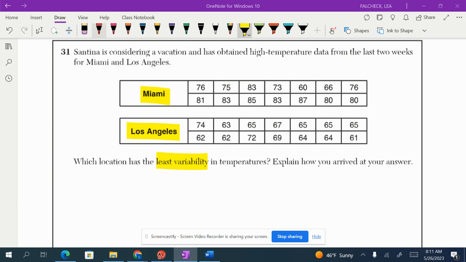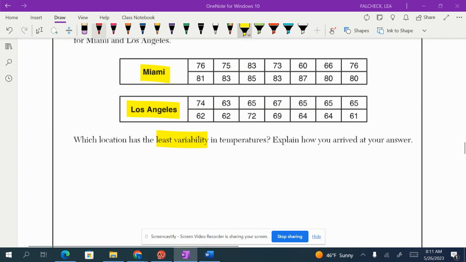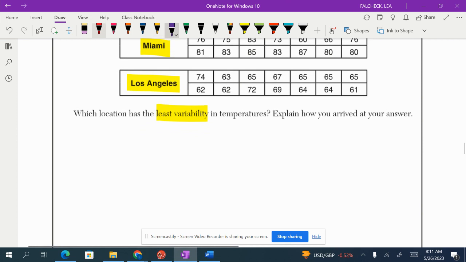So when we describe the variability in data, we are talking about the spread of data. And the metrics that we use to describe how spread out a data set is, we talk about the IQR, we talk about the range, and we talk about the standard deviation, or as you know it from your calculator, the S sub x.